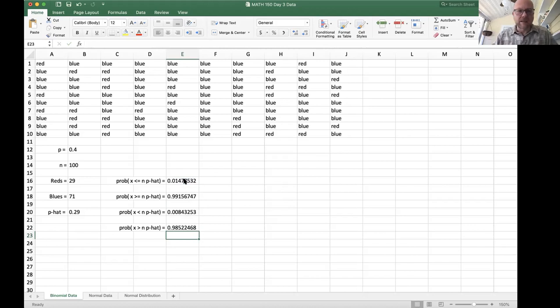Then there is another thing it asks you to do in the homework, and that is the probability X is not equal to the N P hat. I don't really have a key for that, but later on you'll see that programmers use exclamation point equals to mean not equal.